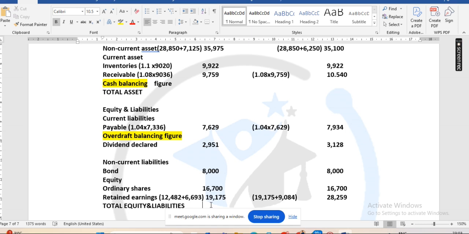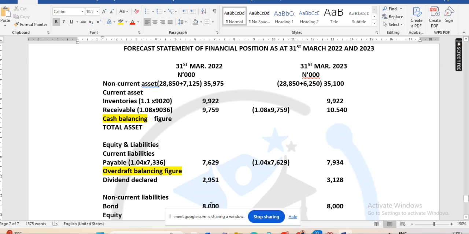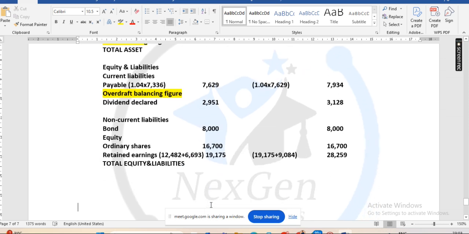Now, class, add the total assets for 2022, then add total equity and liability, then you look for the difference.